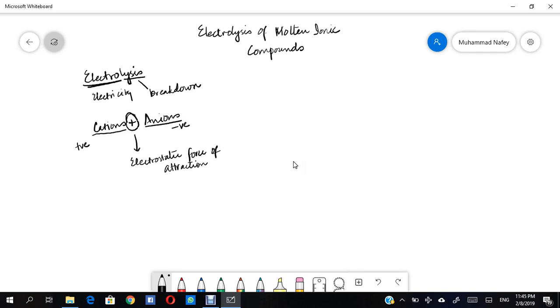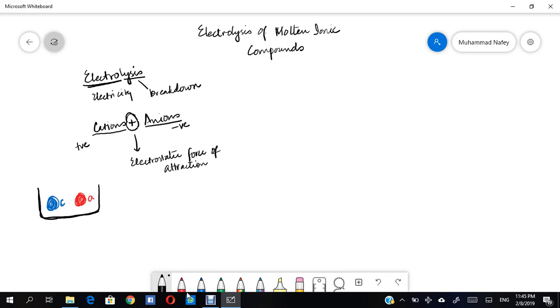Therefore, what we want to do in electrolysis is that we want all the cations on one side. If I have this mixture of cations and anions, then what I want is all the cations on one side. Let's say that these are the cations, I'll mention this with C. And I want all the anions on the other side.